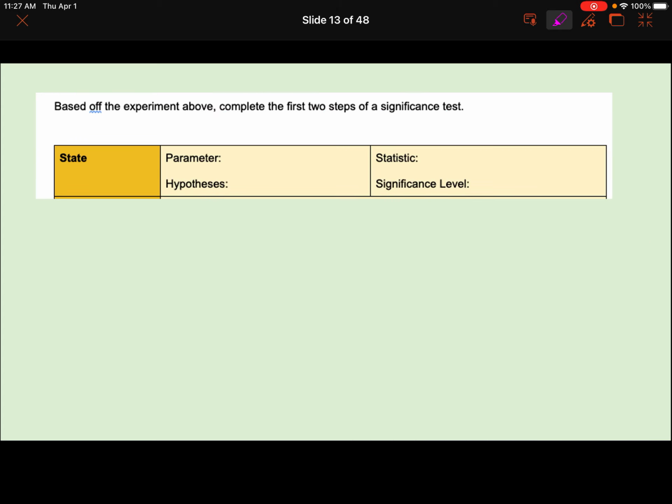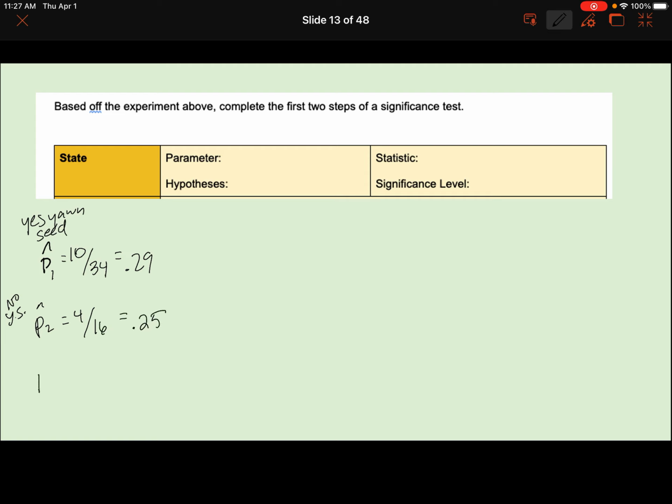Okay. So I'm going to write out a couple of things here that'll help us figure out how to answer the stuff in here. p hat sub 1 for my first population, that's yes, yawn seed people. We figured this out earlier, but just to have it here as well, it's 10 out of 34, which is 0.29. p hat sub 2, which is my no yawn seed people, was 4 out of 16, which is 0.25.